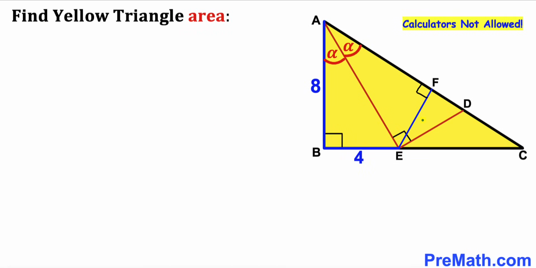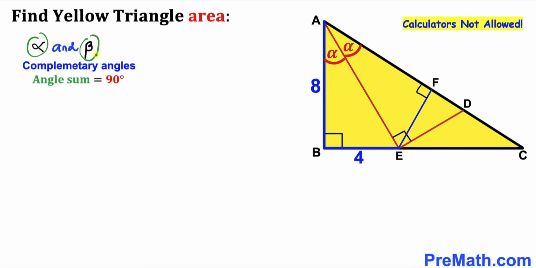In this next step, I got a little creative and drew this perpendicular EF, as you can see. Now let's assume that alpha and beta are two complementary angles. In other words, alpha plus beta must be equal to 90 degrees. Let's focus on this right triangle.